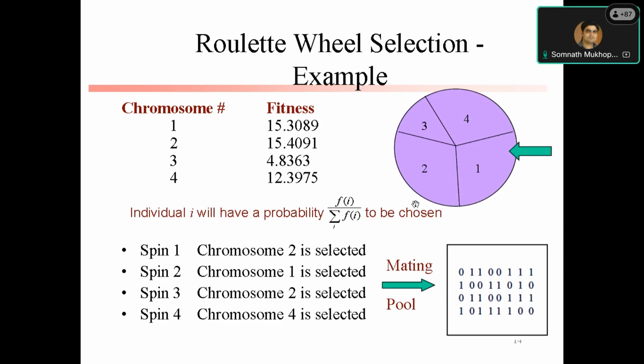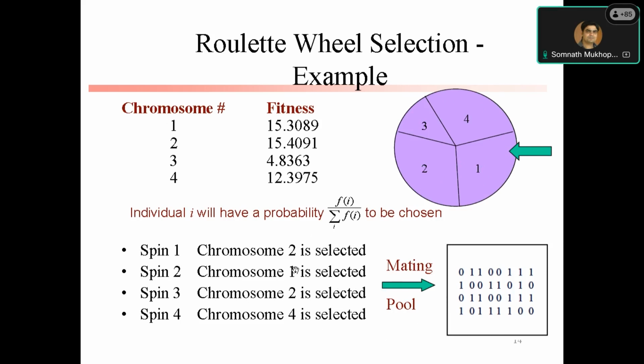Suppose the cumulative sum of these values is 50. Out of 50, 15.30 is the percentage of occupancy in this wheel. This way we can map chromosomes 1, 2, 3, 4 here, and then there is a pointer pointing to this wheel. Now if we spin this wheel, when it stops, the chromosome the pointer points to will survive, or will win this selection test.